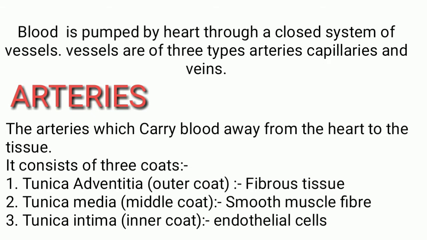An artery consists of three coats, or you can say three layers. When we cross section the artery, we find the three coats. The outer coat is named tunica adventitia, which is made up of fibrous tissue. The tunica media is the middle coat and has smooth muscle fiber.